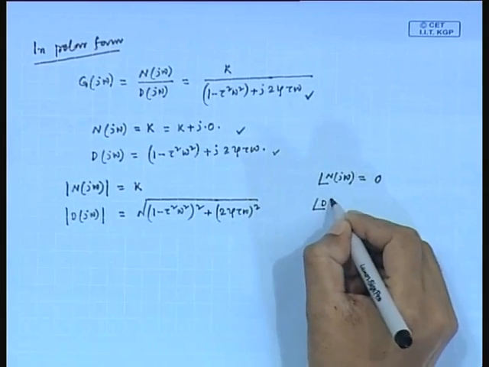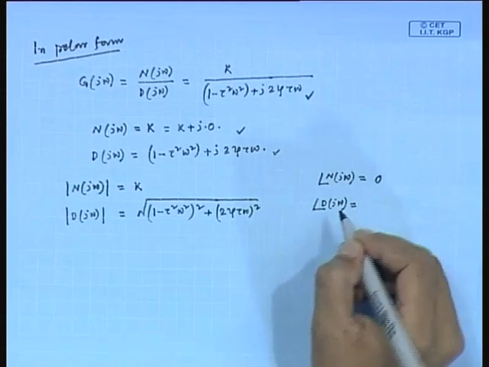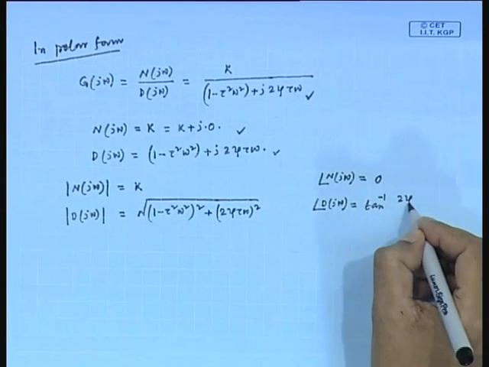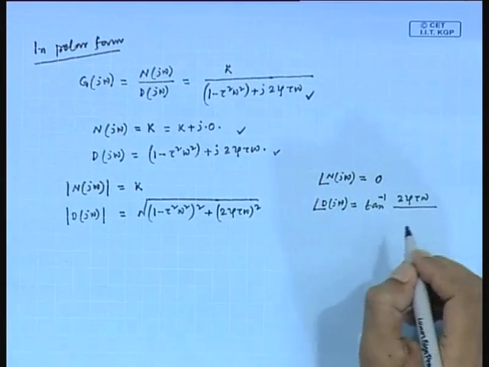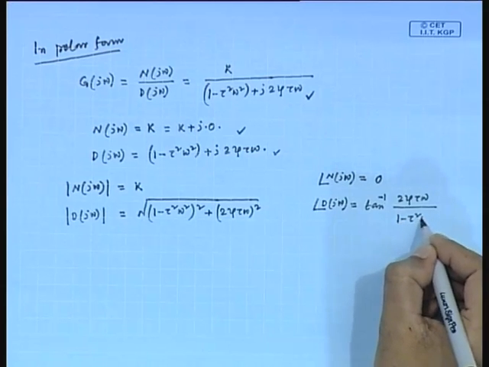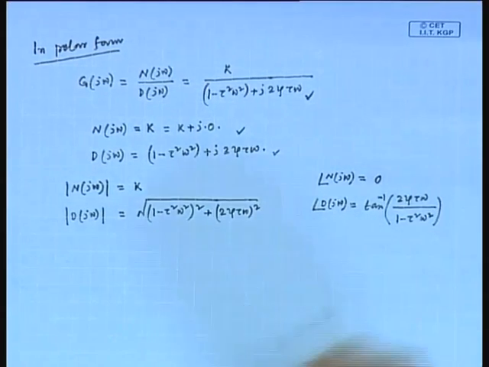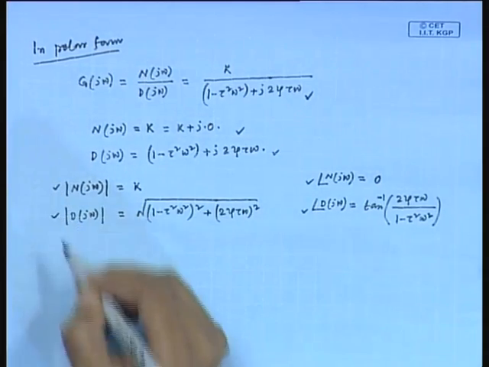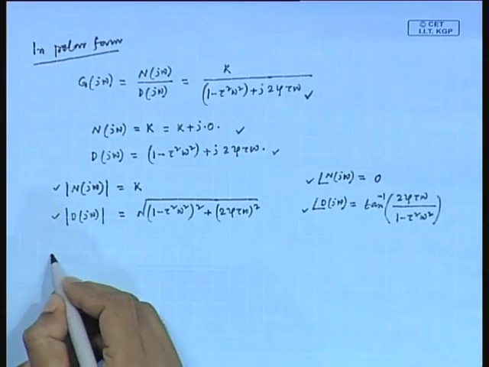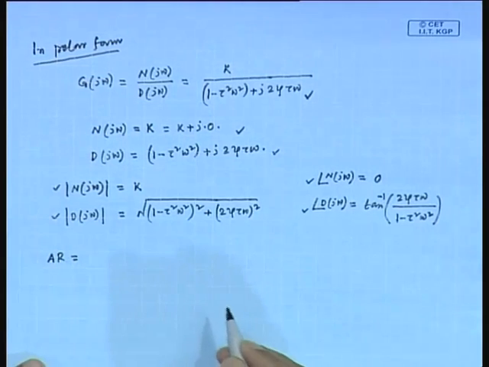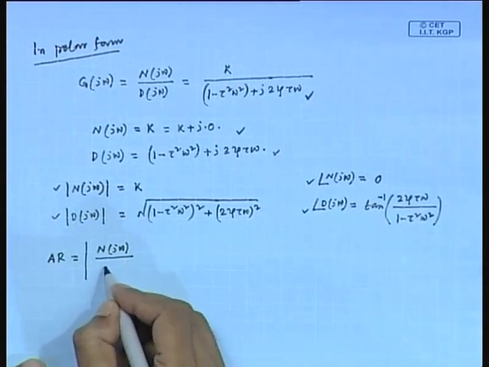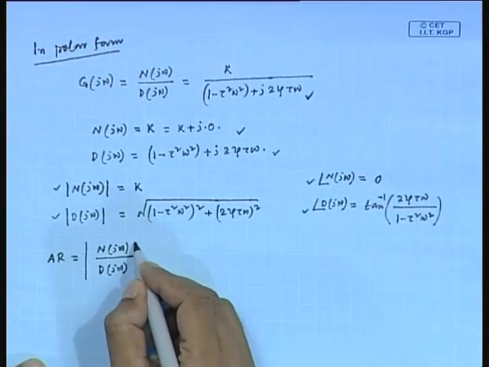What is the argument of this denominator? Tan inverse 2 zeta tau omega divided by 1 minus tau square omega square. Fine. These are the argument of numerator and denominator and magnitude of numerator and denominator. Now, amplitude ratio is written as magnitude of N(j omega) divided by D(j omega).